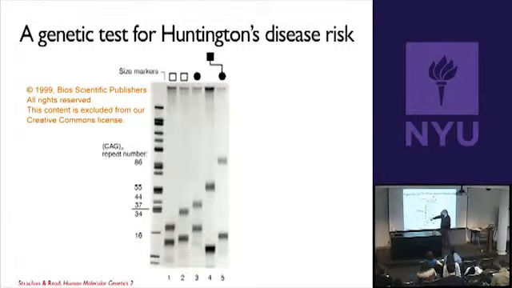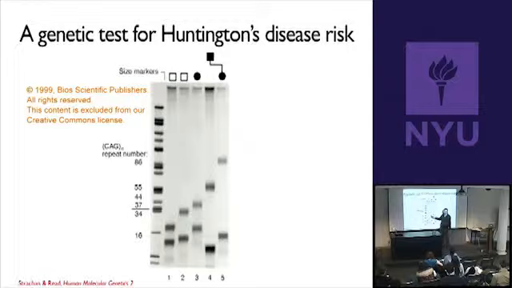And so you can imagine that if this guy had children and this guy had children, which one's children would be more at risk for getting the disease? This one, because in one generation, this can actually change to a higher number of repeats or a lower number of repeats. But if it changes to a higher number of repeats, then that child will have the disease.